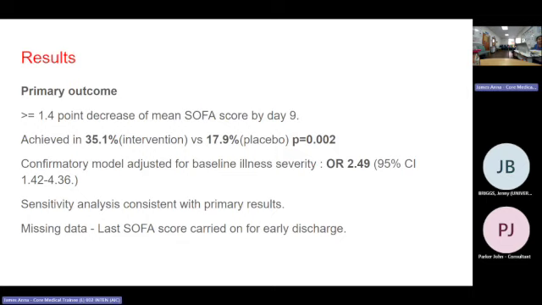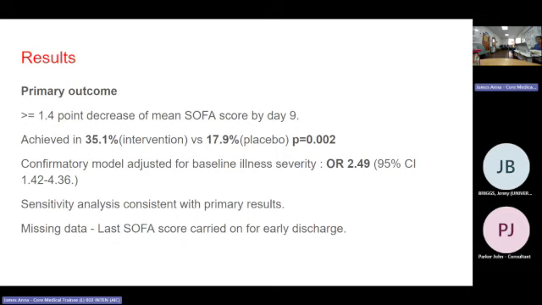They did a couple of further tests to make sure that this result was significant. They did a confirmatory model, which adjusted for the initial sepsis severity. In that as well, we saw that the odds of patients who received the intervention improving the organ function was much greater.